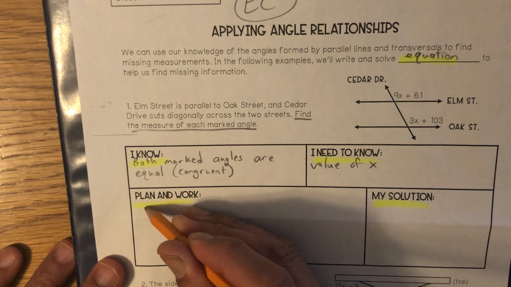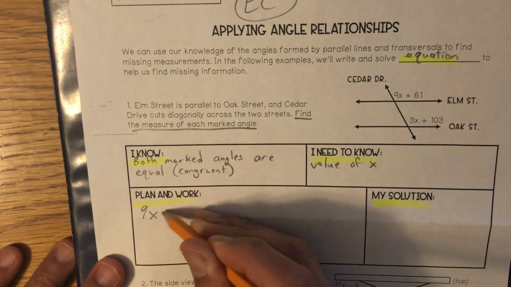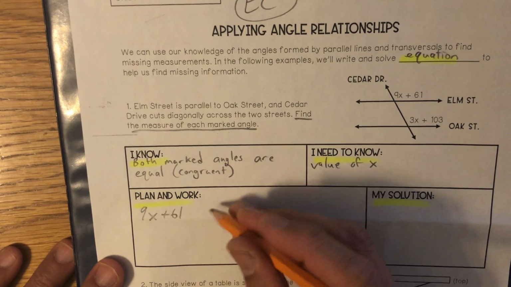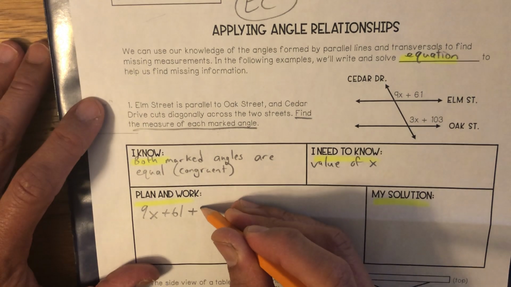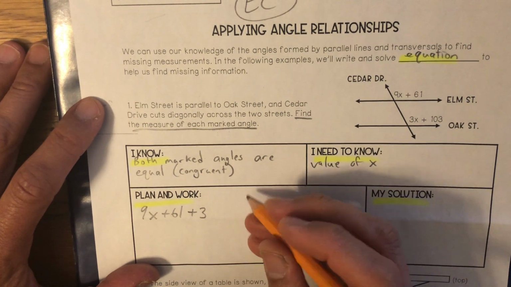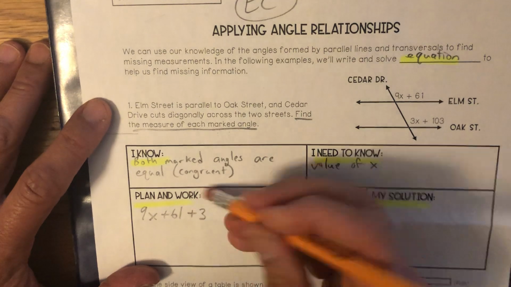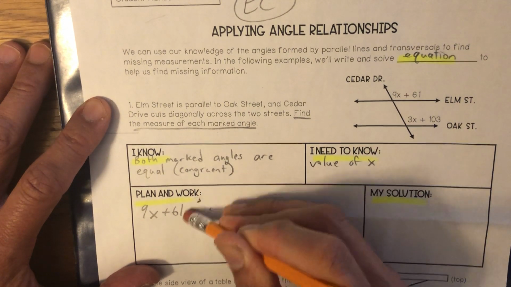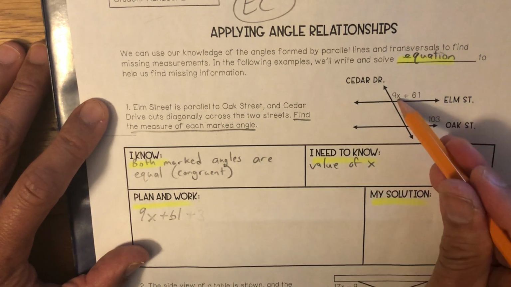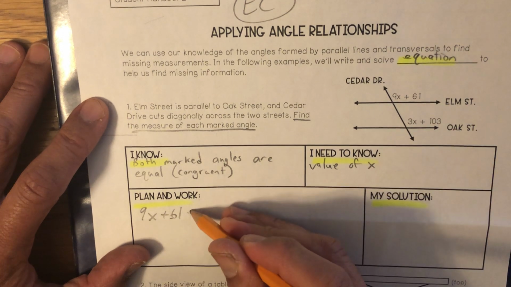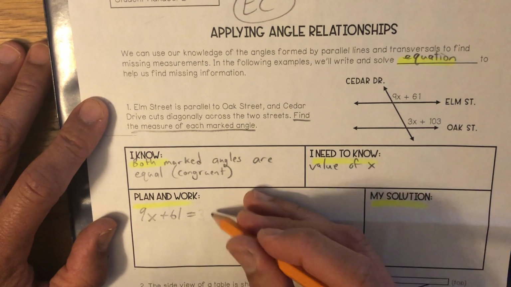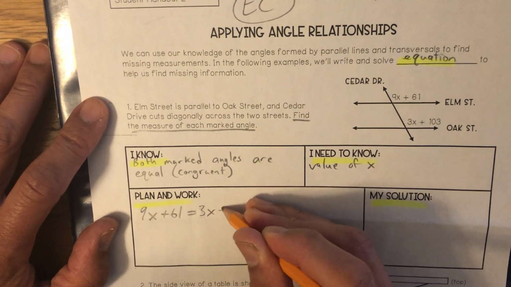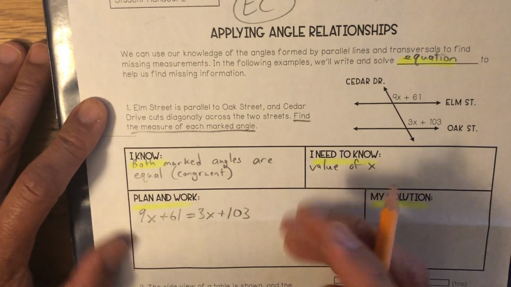So here's our plan. 9x plus 61 is going to equal 3x plus 103.